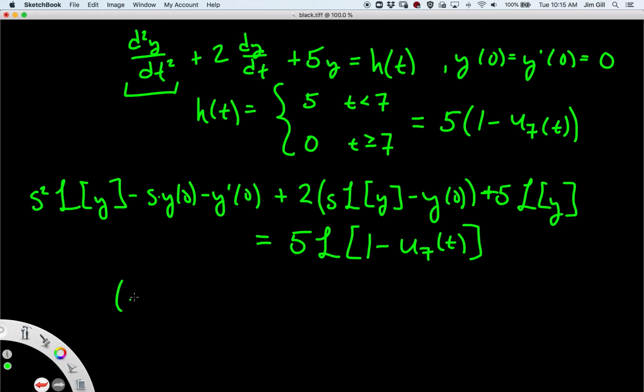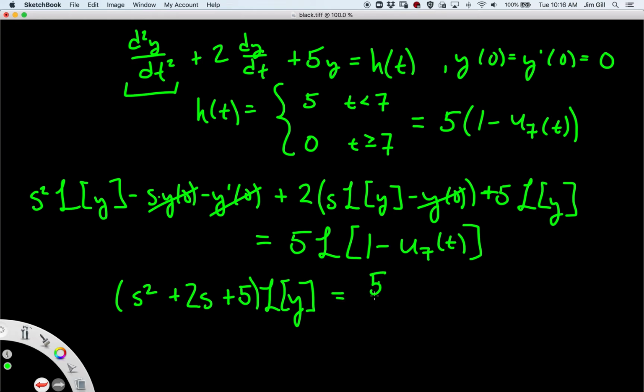On the left-hand side, we have s squared Laplace transform of y, 2s Laplace transform of y, and 5 Laplace transform of y. And all the other terms are 0 because we are assuming that we're starting from rest at position 0. And on the right-hand side, we have 5 times the Laplace transform of 1. The Laplace transform of 1 is 1 over s, which we can find on any chart of Laplace transforms.